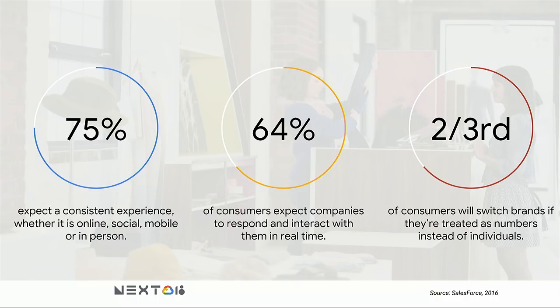At the same time, 64% of consumers expect that organizations will respond and interact with them in real time. We live in a society where people really have no patience. You want response immediately, and you want that response to be continuous. And then 2/3 of consumers will actually switch brands if they're treated as numbers instead of individuals. So you have to tailor that experience for that customer. And how do you do that?